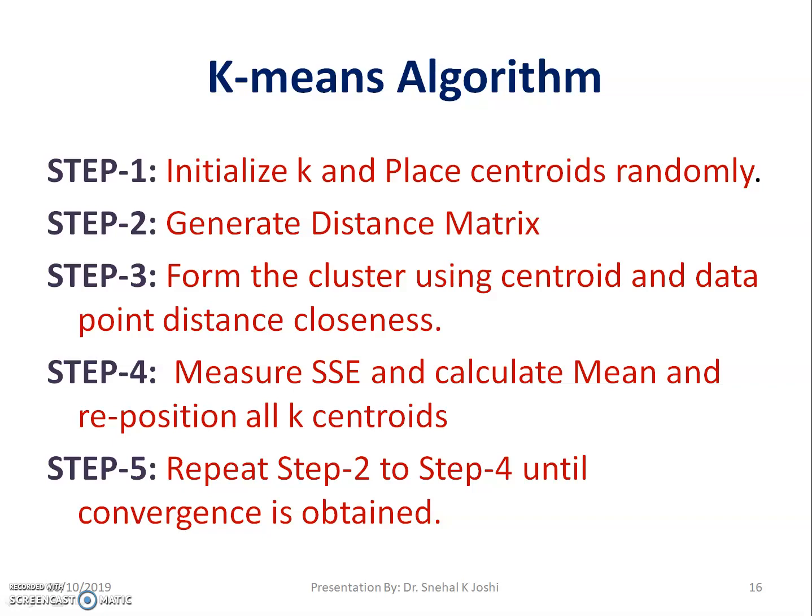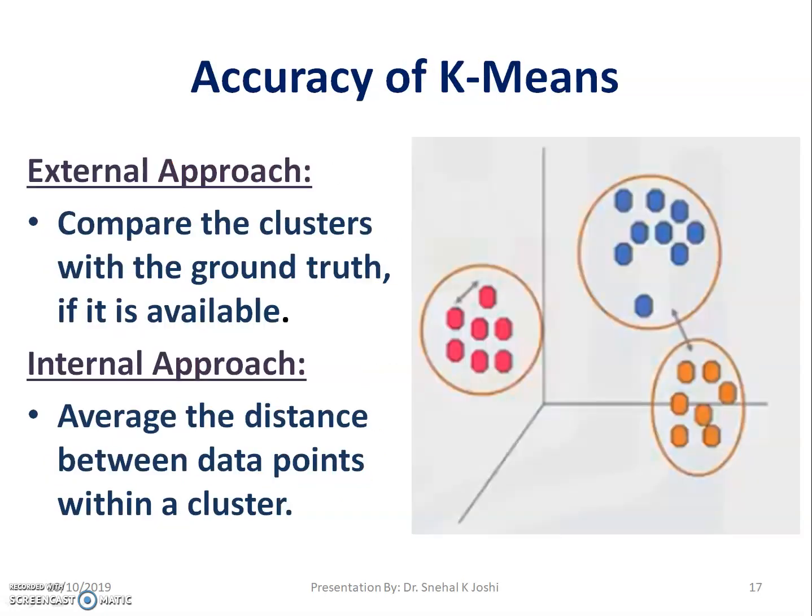Third step is to assign each data point to the centroid which is the closest one and hence form the cluster. And fourth step is to find the mean value and recalculate the position of the k centroids. Finally, check whether convergence is achieved. If it is not, then repeat steps 2 to 4 again until convergence is achieved.